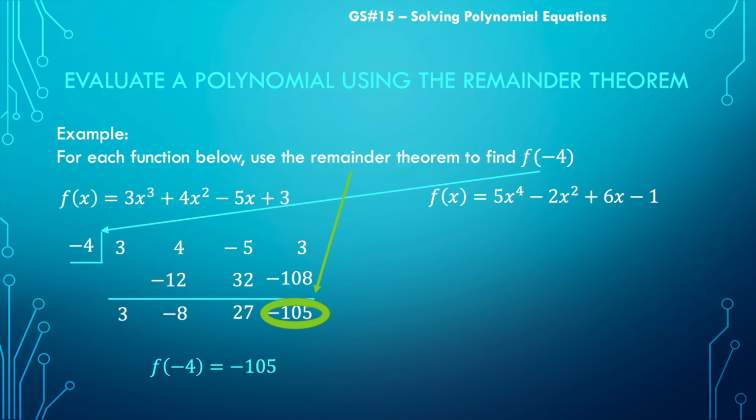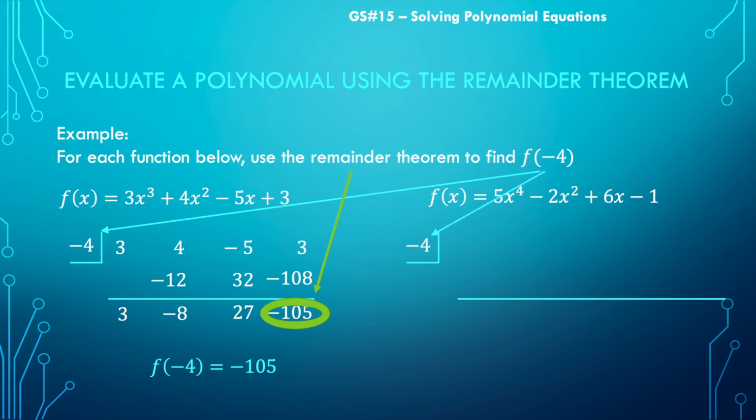If you want to try this other example, pause the video and work ahead and then come back and check it. It's the same thing with a different function. So f of x is equal to 5x to the fourth minus 2x squared plus 6x minus 1. We're going to set up our synthetic format.